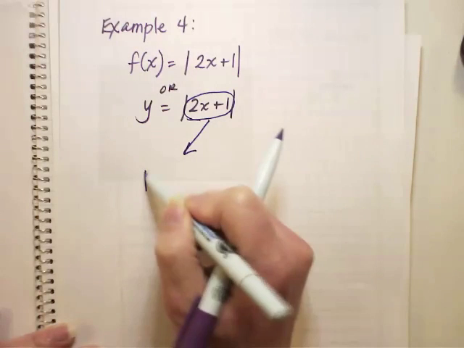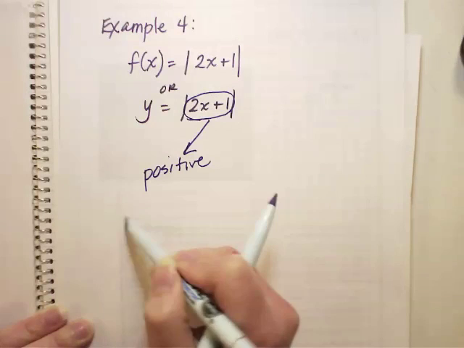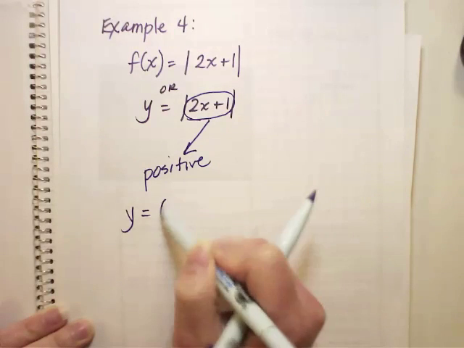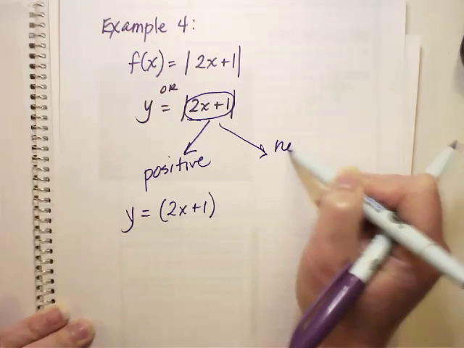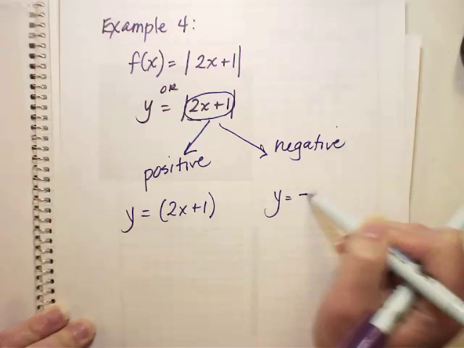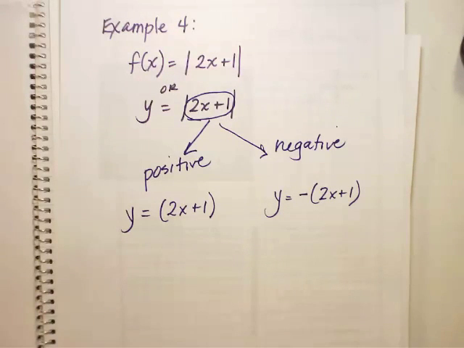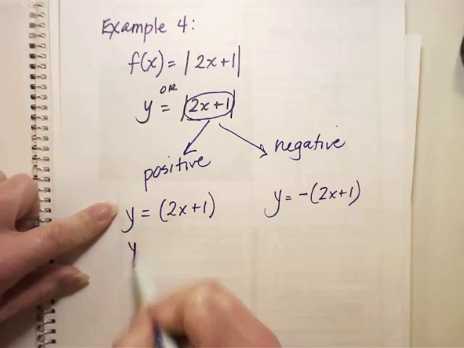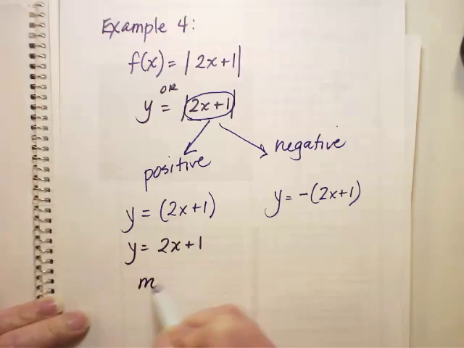So I have a positive case of y, or f of x, equals positive 2x plus 1, or I also have the negative case, in which y equals negative of 2x plus 1. And what I would do for this is write it out, so it's y equals positive 2x plus 1. I would identify my slope, which is 2, or 2 over 1. My intercept is 0, 1.